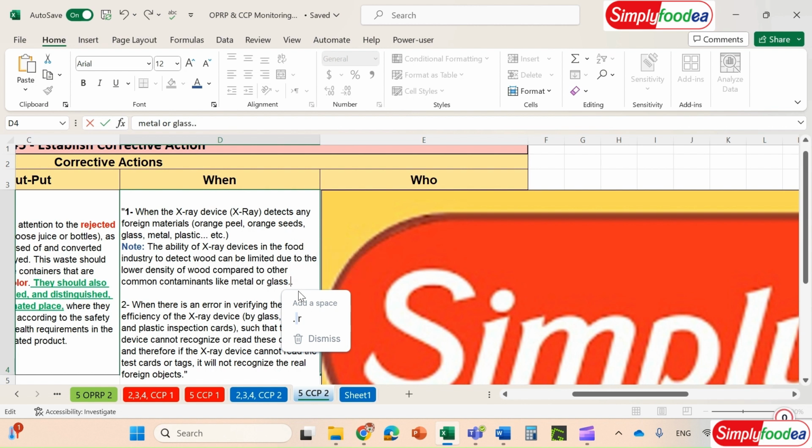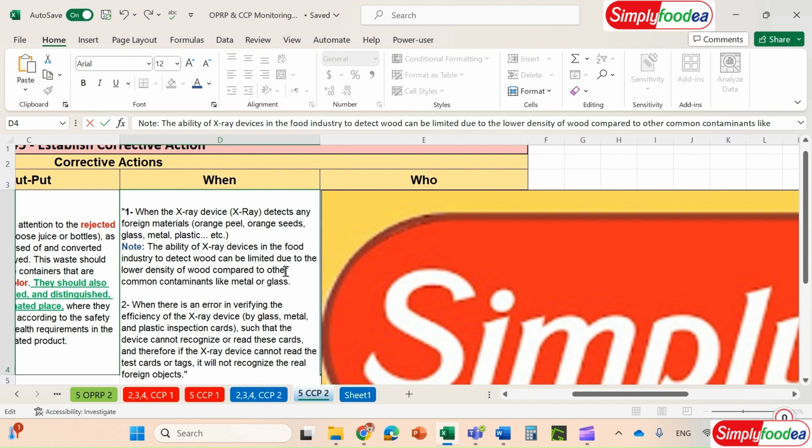So very, very important attention must be taken to wood equipment parts and wood cleaning tools in the production line. It's prohibited to have any wooden tools or any wooden parts in your production lines.